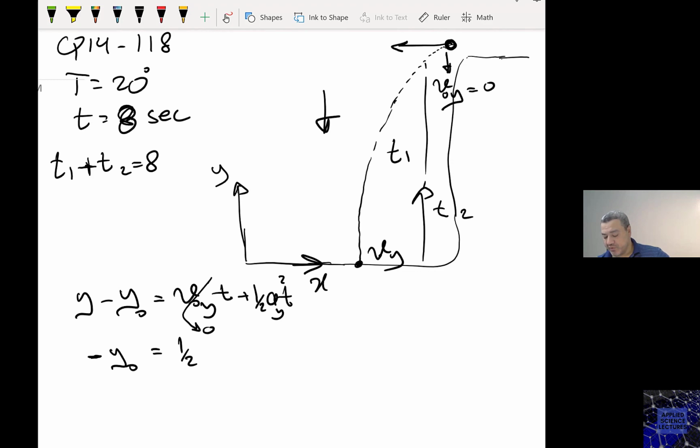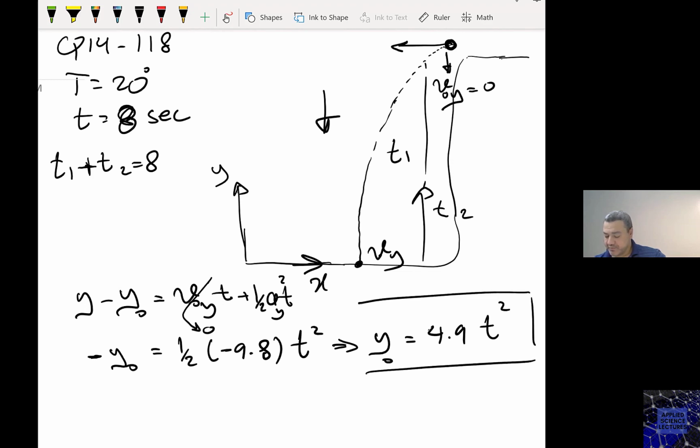Acceleration is pointing downward, which means it's negative, minus 9.8 t squared, and this gives y naught equals 4.9 t squared, where y naught is this distance.